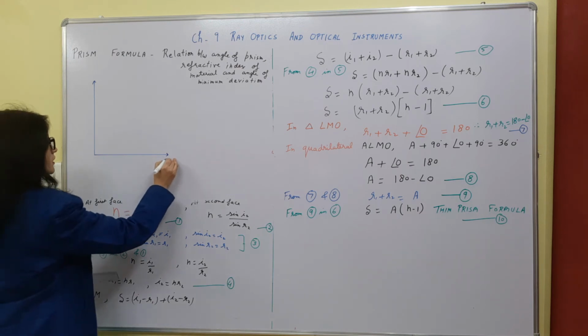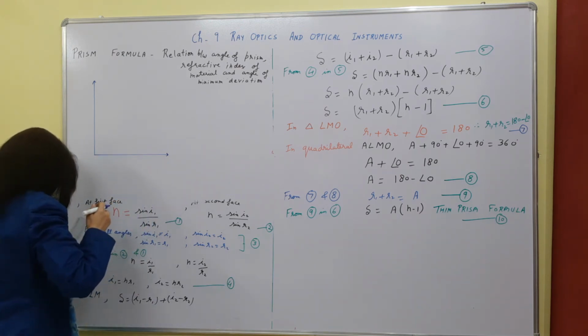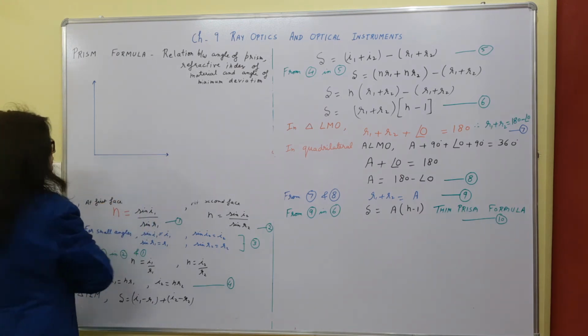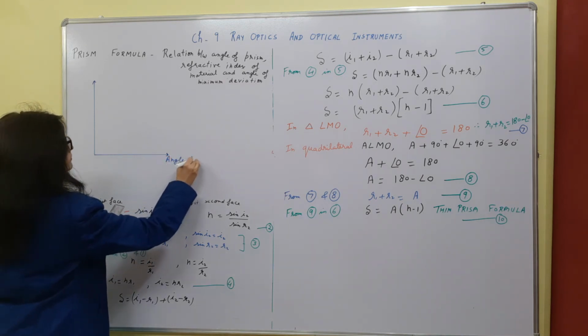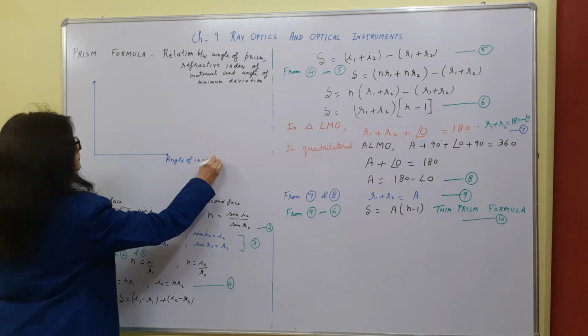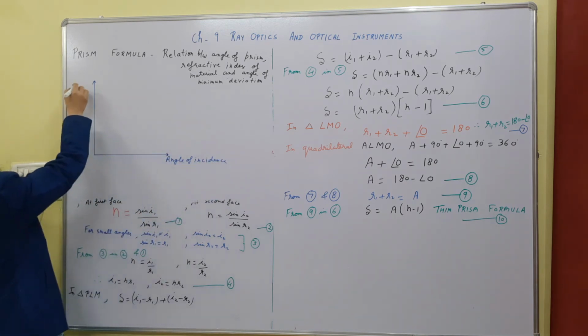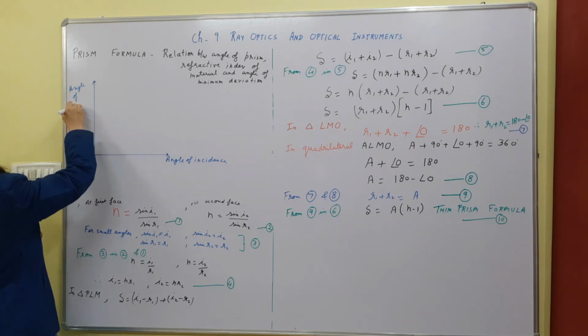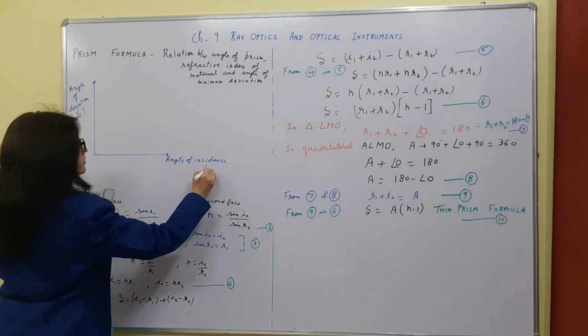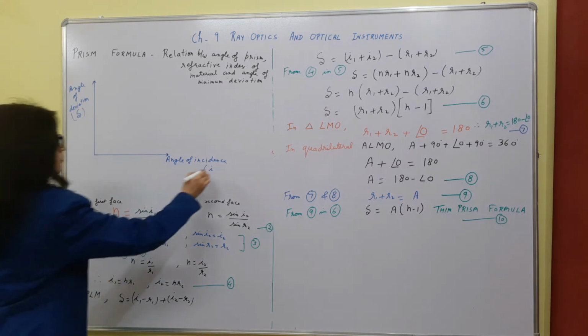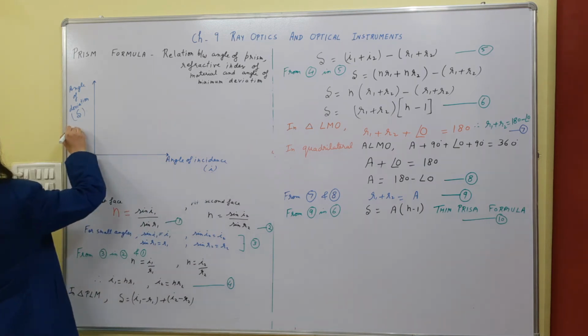This is the angle of incidence, denoted by I, and this is the angle of deviation, denoted by delta, obviously in degrees.